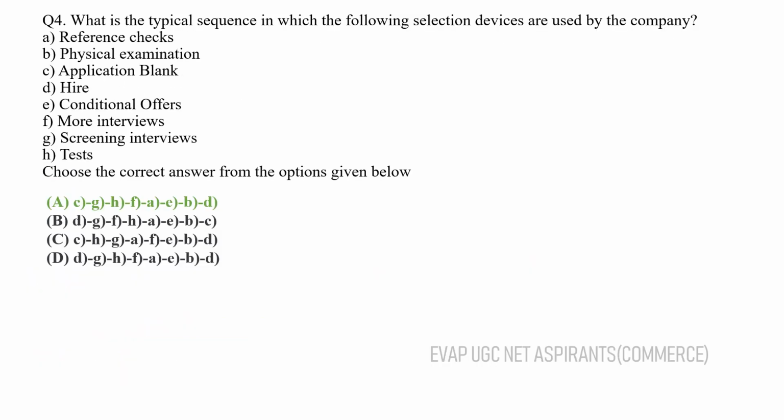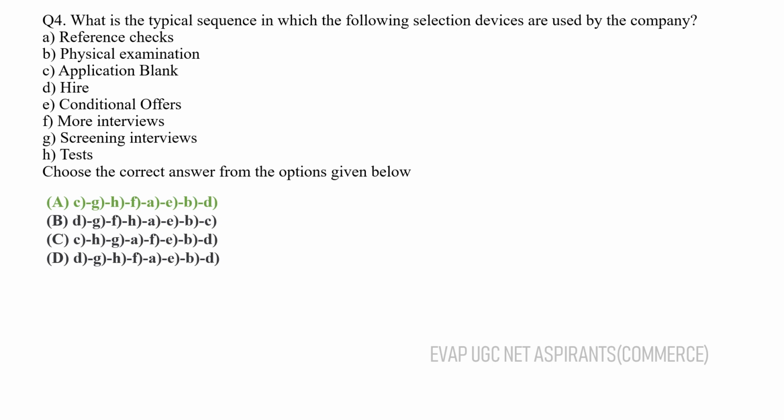So the next question is, what is the typical sequence in which the following selection devices are used by the company? Here the devices are in a mixed order: reference checks, physical examination, application blank, hire, conditional offers, more interviews, screening interviews, tests.